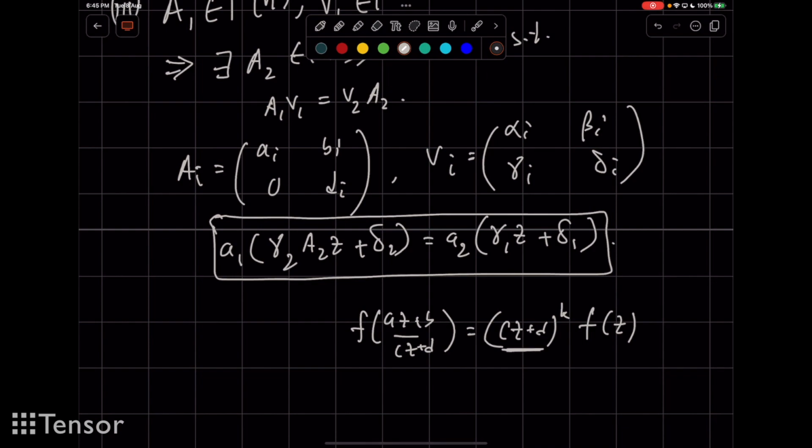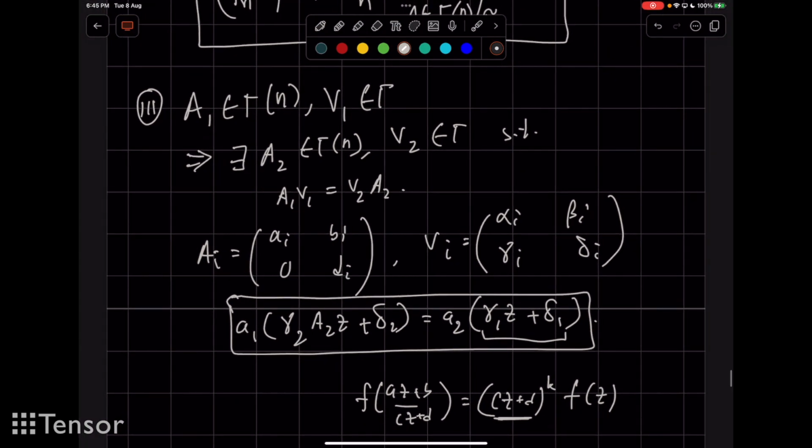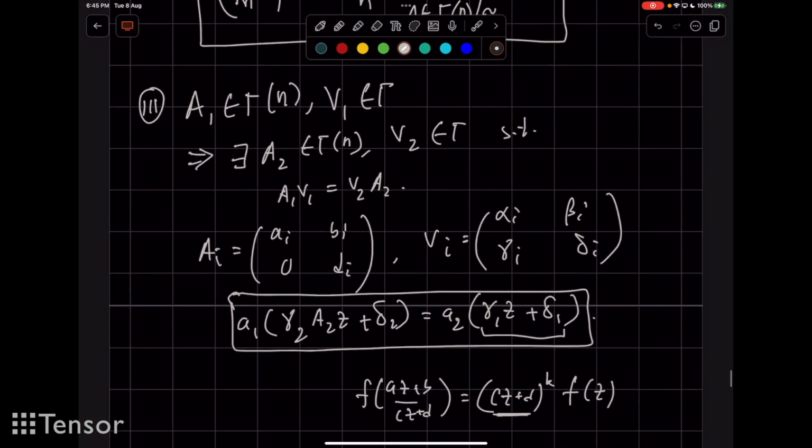So this cz plus d term is actually this. Using this result, we are going to prove that the Hecke operator is indeed a linear operator in the space of modular forms.